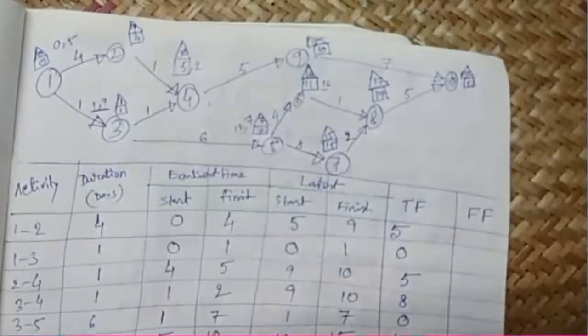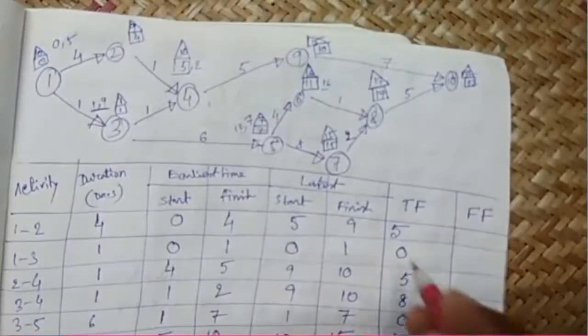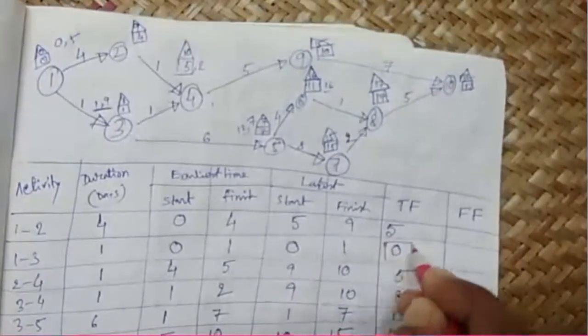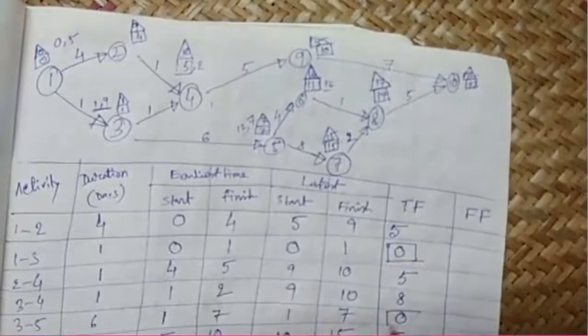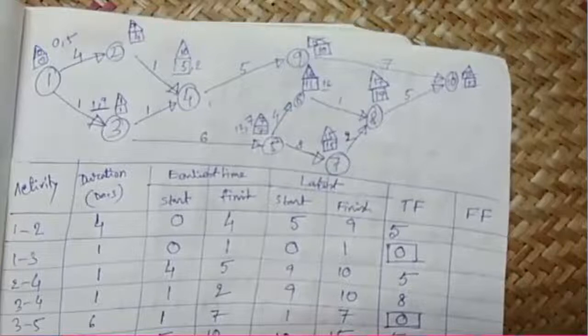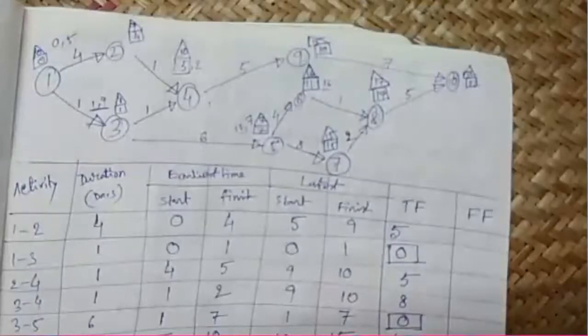Now here, look very carefully. A total float of 0 means we will mark them. We'll put these zeros on the total float on a rectangle to mark them out. Total float 0 means we cannot delay these activities, because if we delay them, the whole project will end up delayed.